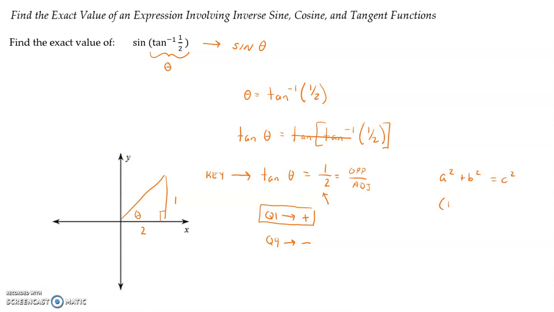So this is going to give us 1 squared plus 2 squared equals c squared. So 1 plus 4 is going to give us 5 for our c squared value. So our hypotenuse is going to be radical 5 in this case.